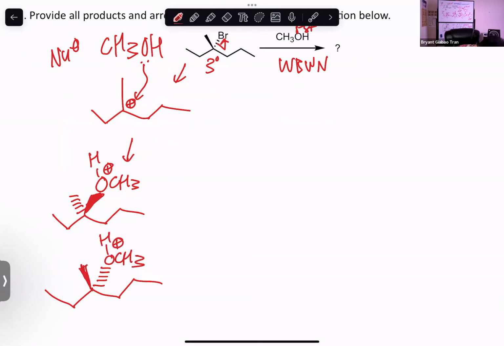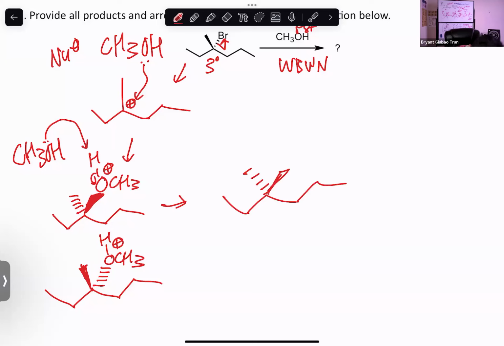Now, this is where you do the deprotonation step. The CH3O minus will now act as a base and deprotonate that positively charged oxygen to get to the neutral product here. And we could have another base to deprotonate that.